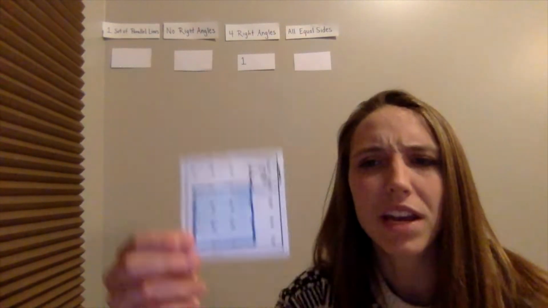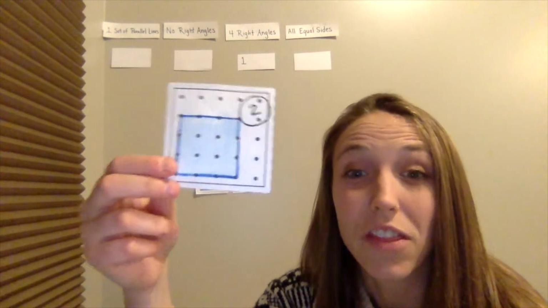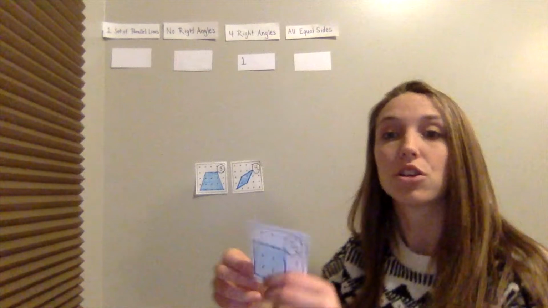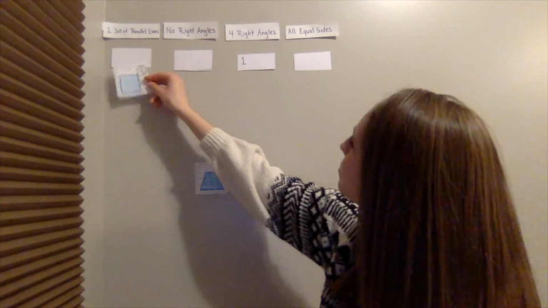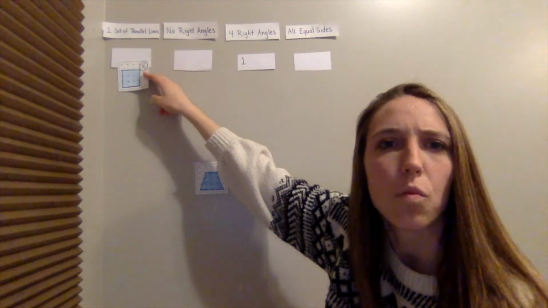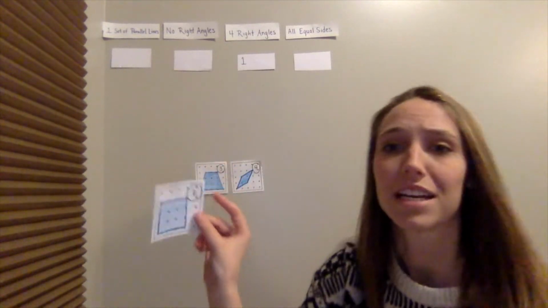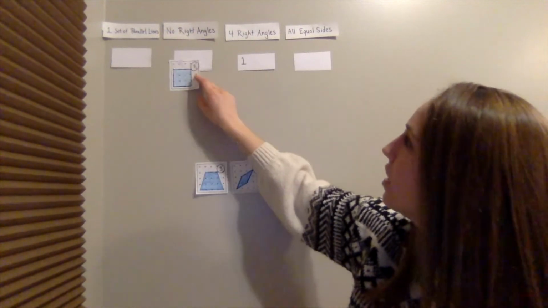Moving right along, we got this guy right here. If you recognize this, you would know that this is a square. So we're going to get right in and see what groups my square could fit into. Well, just like the rectangle, my square would not fit into 1 set of parallel lines because it has 2 sets of parallel lines, so it could not go there.